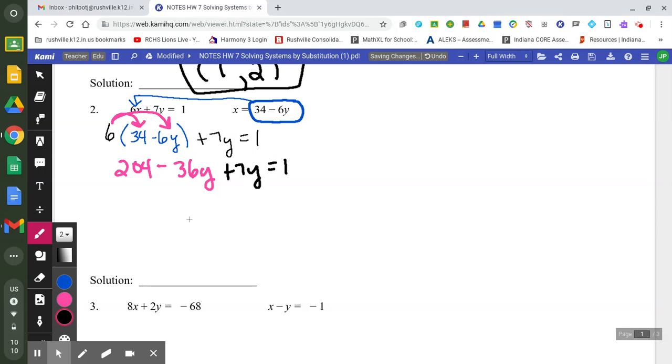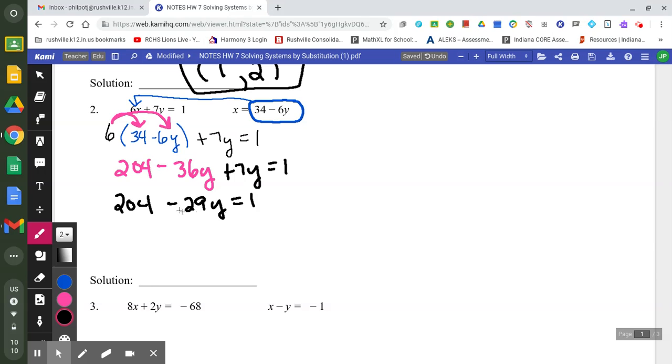Again, I have to simplify. I'm going to put the minus 36y plus 7y together. So my next line will be 204. And then in the calculator, I'm going to do negative 36 plus 7 gives me minus 29y equals 1.